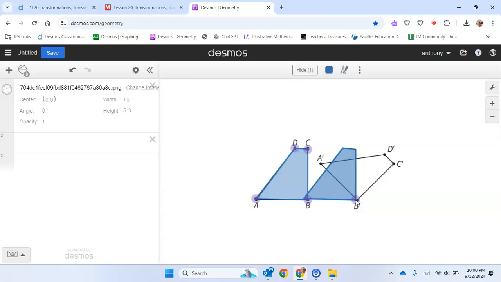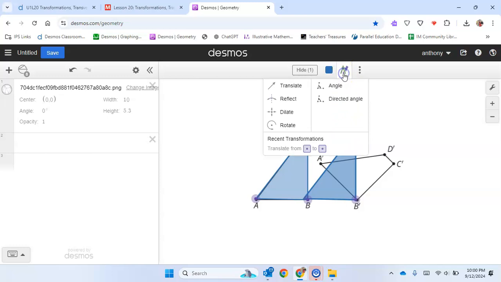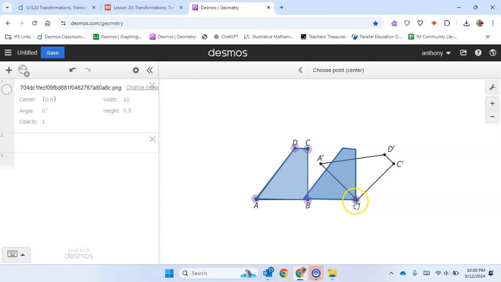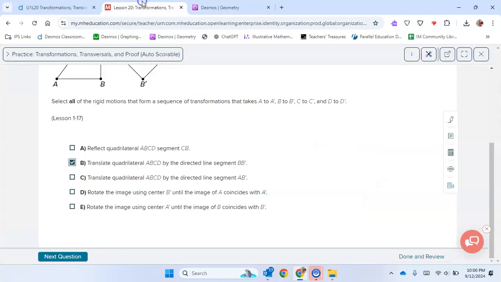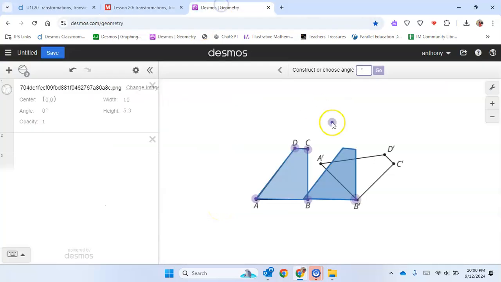Then we're going to rotate it about point B, until the image of B coincides with B prime. The angle measure is about 46 degrees, and it looks like it's clockwise, so that's negative.